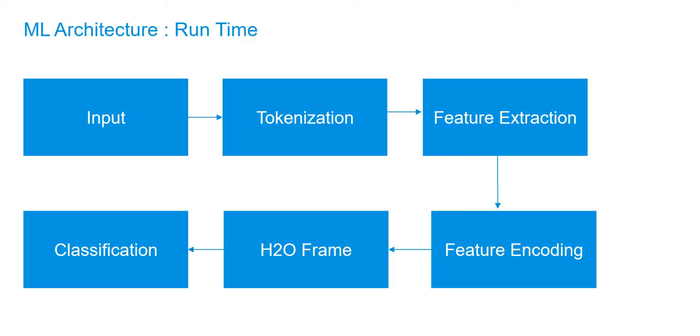And once we have these tokens, we send each of these tokens to feature extraction. So features are made token wise, and once we have the features, we encode them using one hot encoding of top k words, and all this has been explained in the previous slides, the encoding, the extraction process.